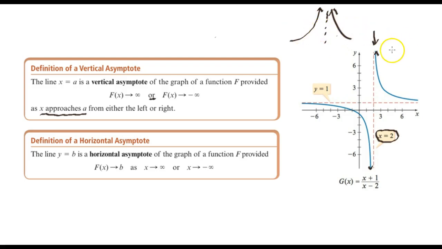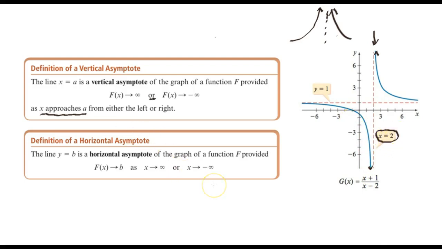But we'll notice that in this case, it's approaching negative infinity and positive infinity for this graph. We should notice that this would be called a vertical asymptote because it never actually touches the line x equals 2, but it approaches it. So that's known as a vertical asymptote.